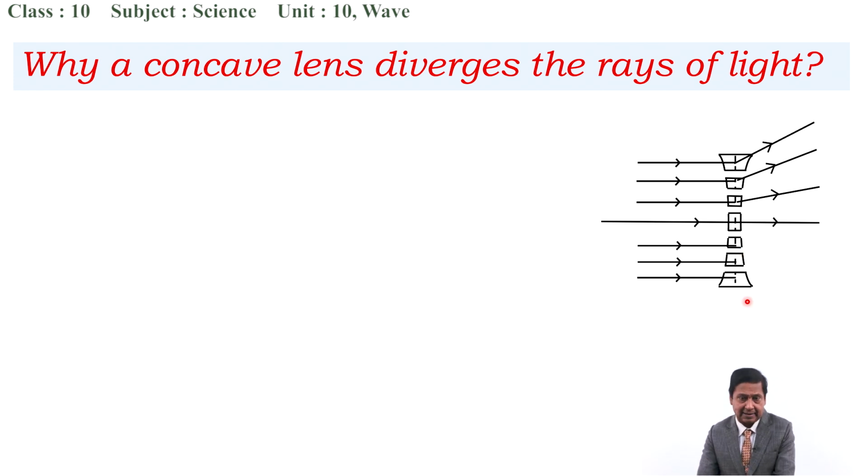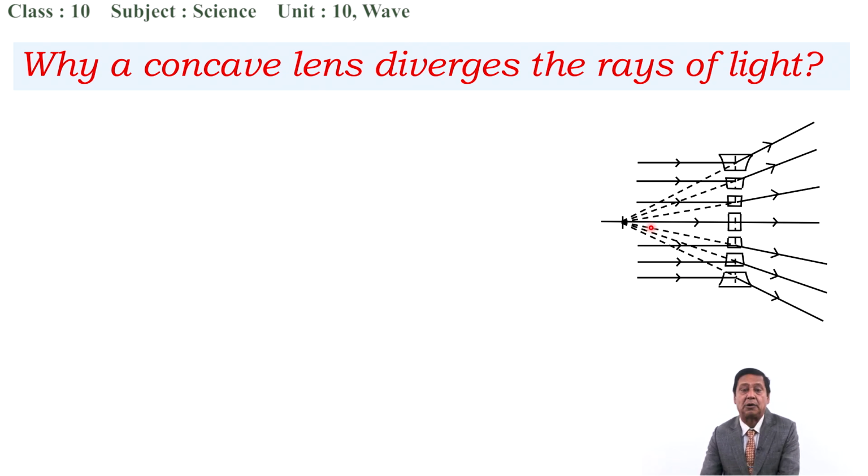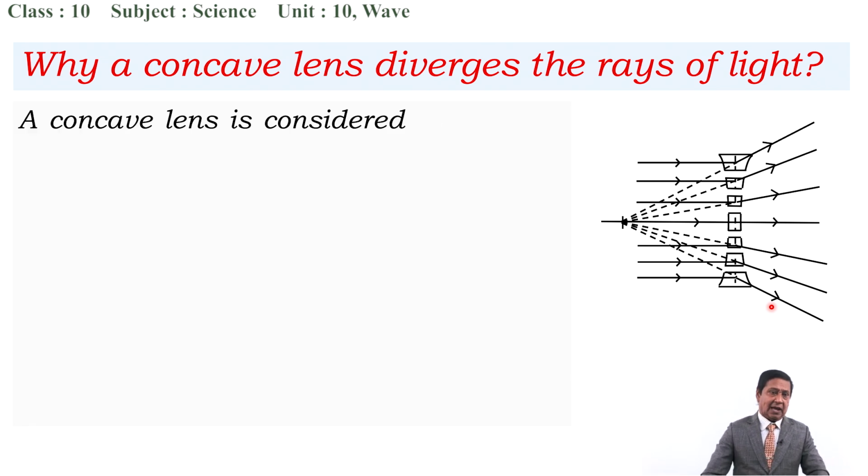But in these three cases, the bases are turned downward. That's why light turns in this downward direction, and all this appears to be coming from a point. So light is dispersed, light is diverged. That's why the concave lens is called a diverging lens. The region of diverging of light by a concave lens is this.